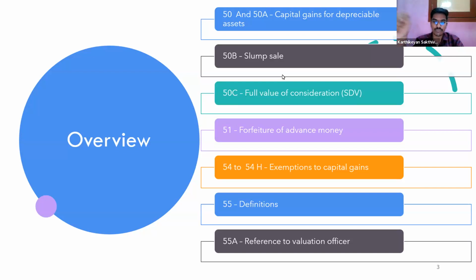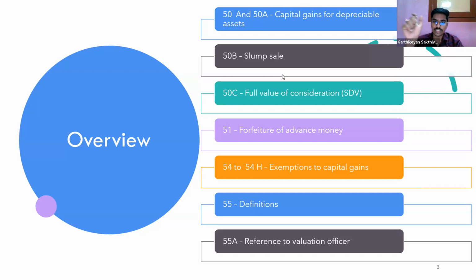54 to 54F will speak about exemptions to capital gains. The better term should be deductions to capital gains. Yeah, I'm aware, but generally exemptions is the term used in practice. That's why we are using the term exemptions. But the actual meaning of those sections is that it is better called deductions rather than exemptions, because exemption means it should not be included in the income at all.